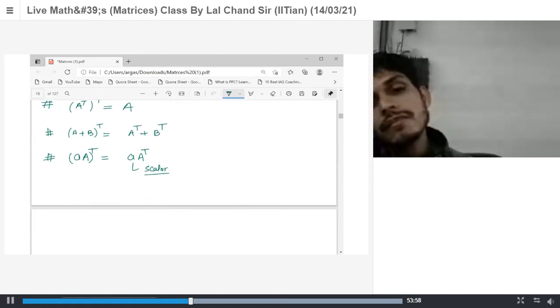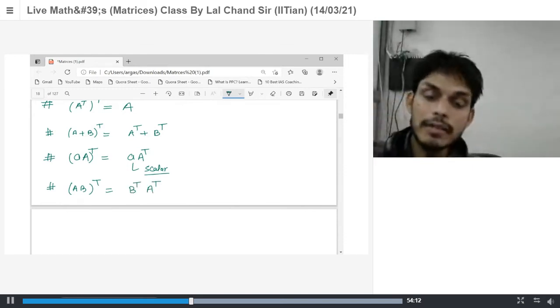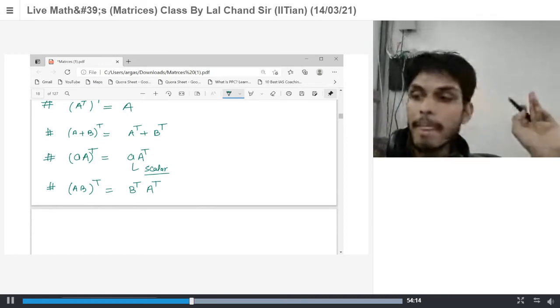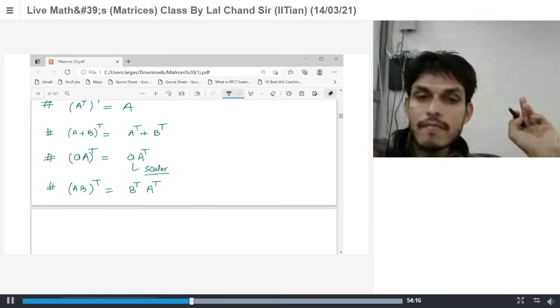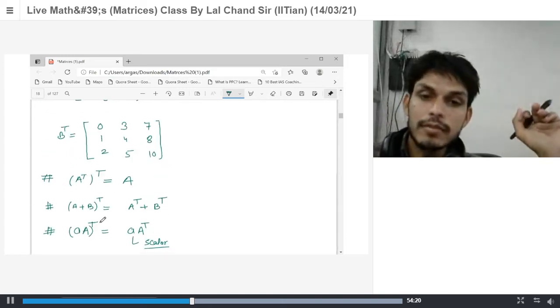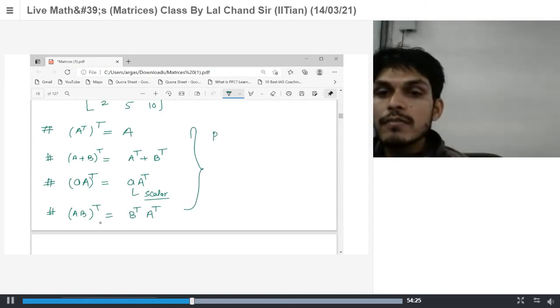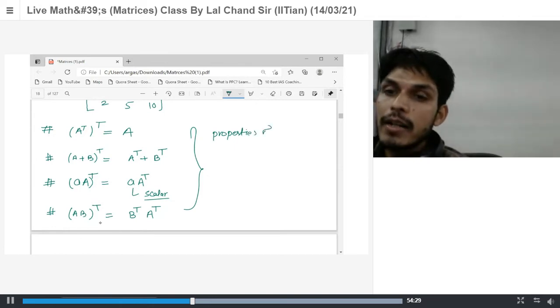Then if I have (AB) transpose, if we take the transpose of a product, then this is equal to B transpose into A transpose. This is in reverse pattern. So these are a few basic properties of the transpose of a matrix.